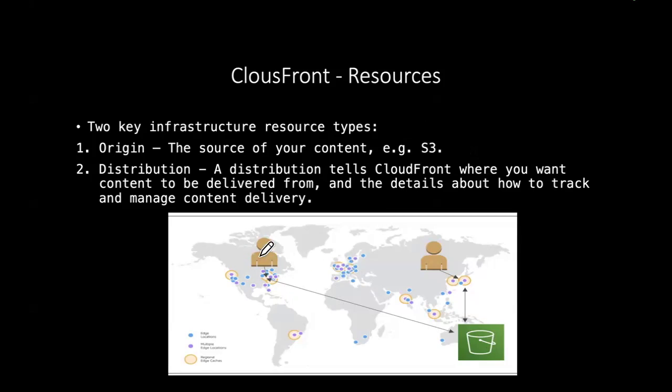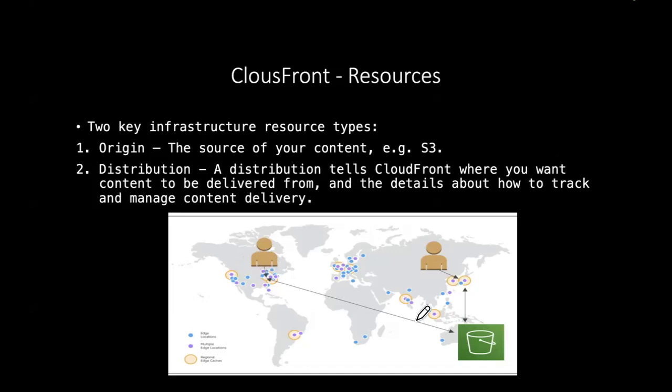And so when a user tries to access any of the content in the S3 bucket, that request from their browser will first of all be directed to the edge location server that is geographically closest to them. And it will check to see, does it have a cached copy of the content already? Because maybe another user in this geographical region would have requested the same content prior to this user. If it does, then it'll serve the content directly to them.